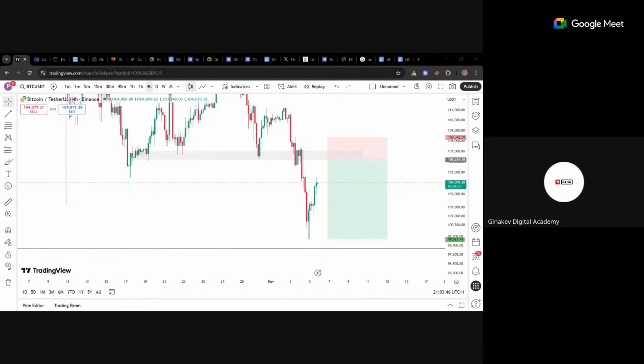Those time frames you would see more of change of character, which guides you for your entry. While on the higher time frame, you'll be seeing more of a clear break of structure, which will guide you to understand the direction in which you should be trading, to take your bias for your positions.